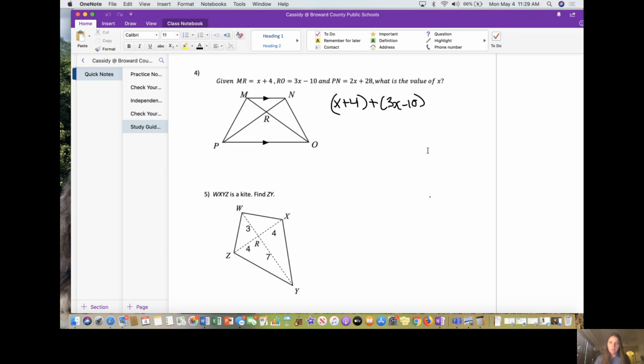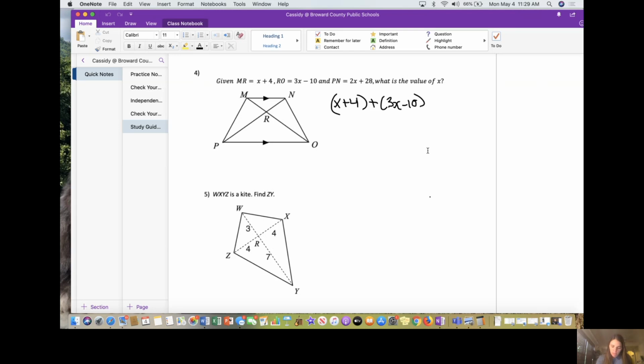From here, we're going to combine like terms. Sorry, it's kind of lagging a lot today, but it will eventually show up. So we're just going to combine like terms on that side there, the one that's appearing on the screen.